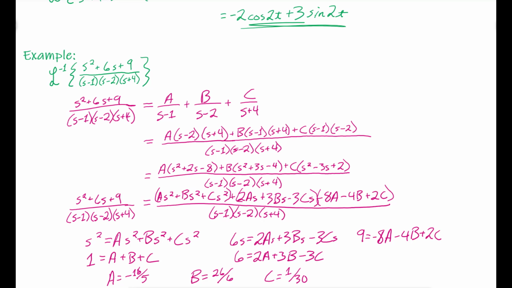So now we go back. Remember, that was all of our side work. So now we go back and we plug in a, b, and c into these fractions that we had.